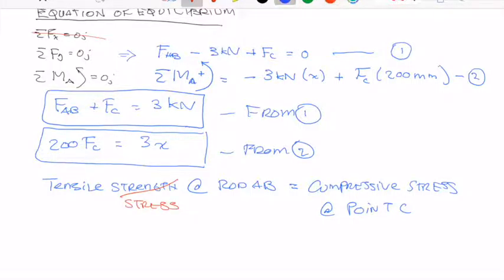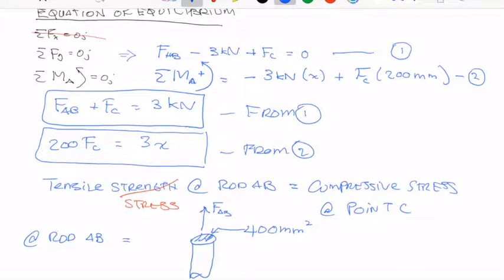Okay, now I have rod AB. If you take a look at rod AB, this is the area, which is 400 square millimeters, and I have my FAB going that way.